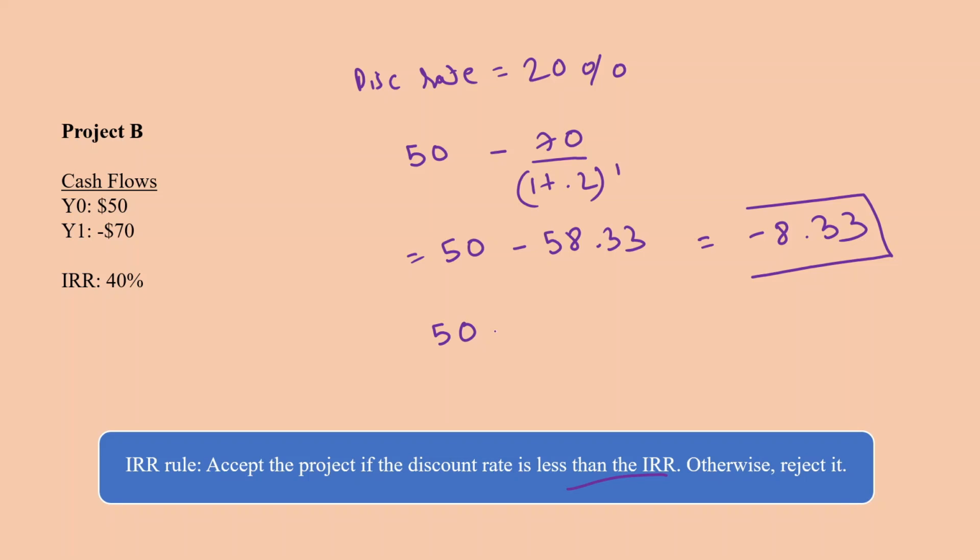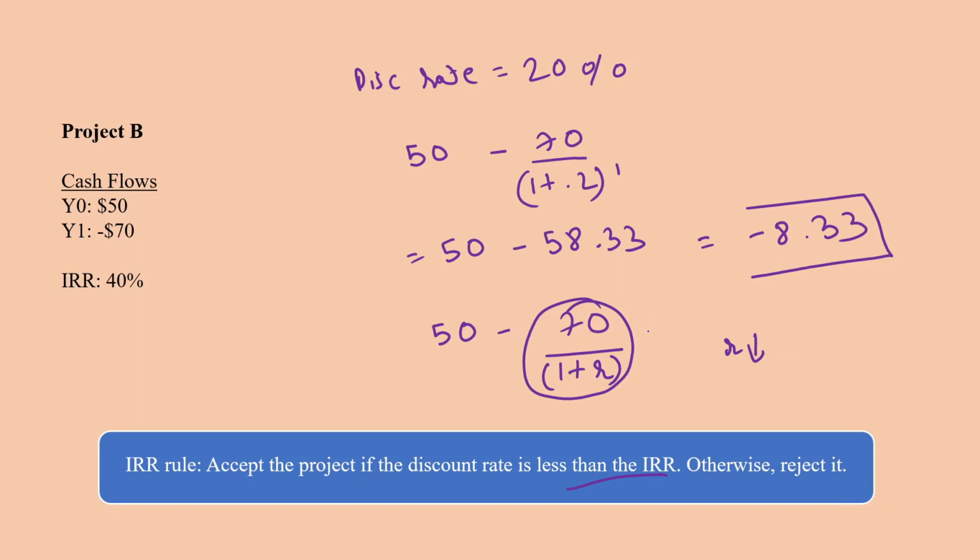Let's try to analyze it in this manner. So you have 70 and you have 50, and just put the discount rate to be equal to R. Now clearly, if R decreases, the value of this whole term is going to increase because the denominator will decrease and the numerator remains the same.